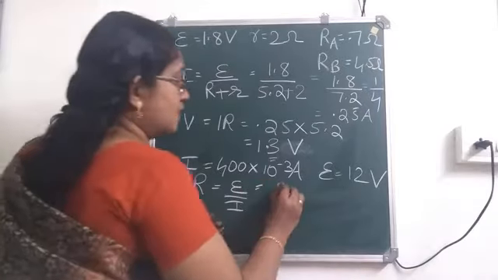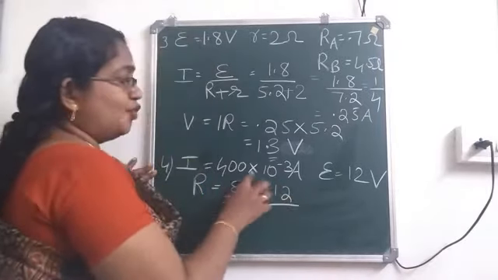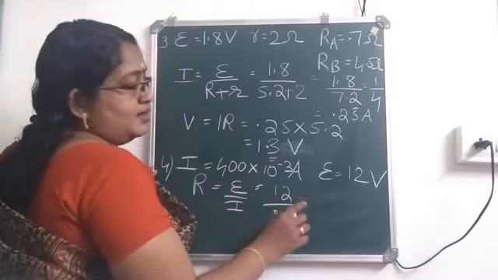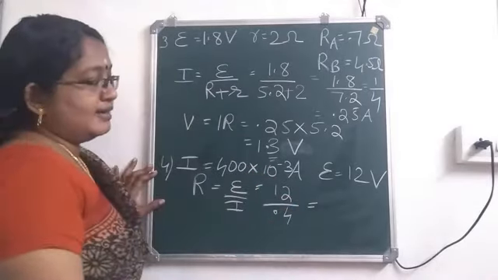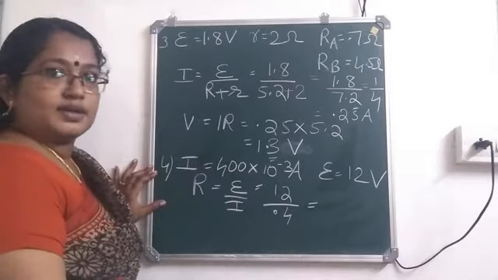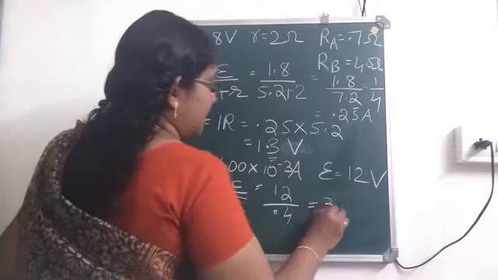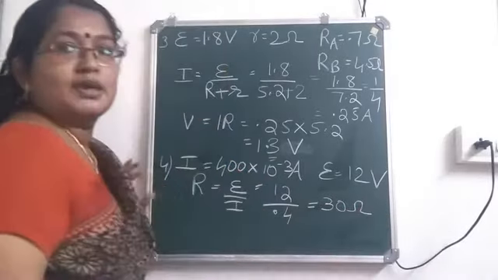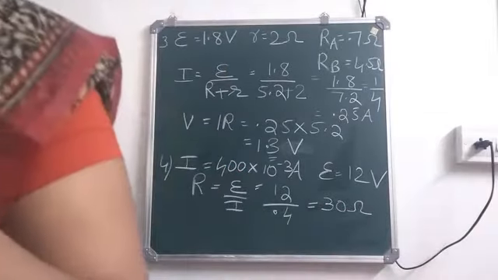How much is epsilon? 12. Now 400 into 10 raised to minus 3. This will be 0.4, isn't it? So 120 by 4 is coming. This will be equal to 30 ohm. We got the resistance as 30 ohm.